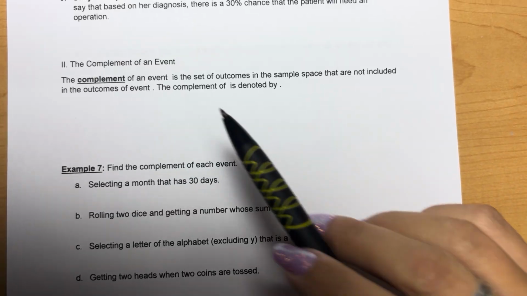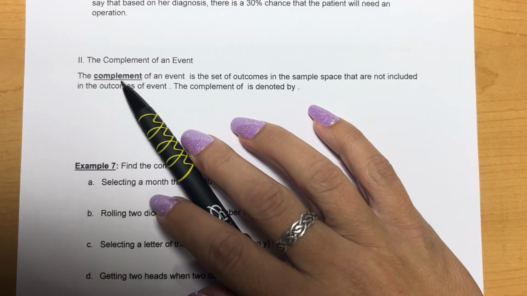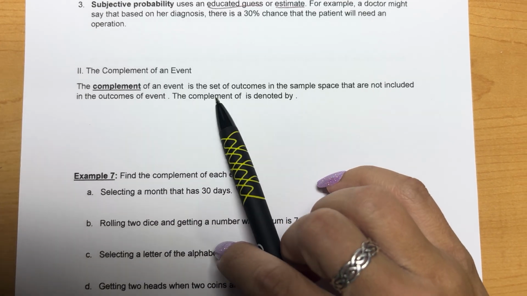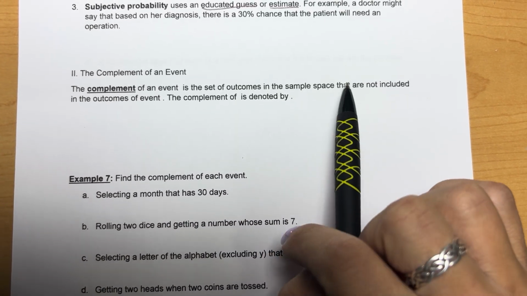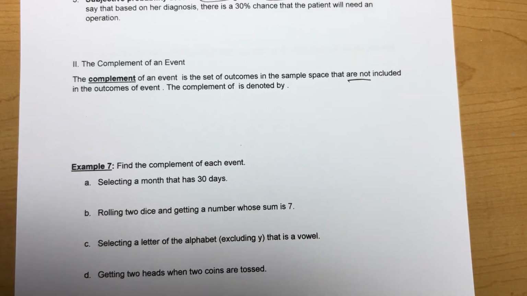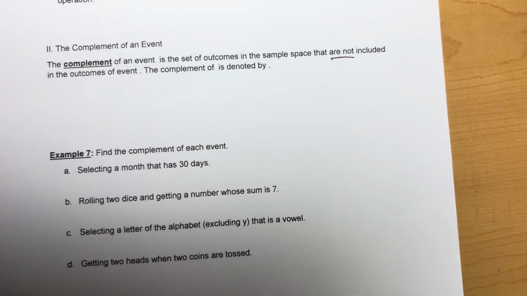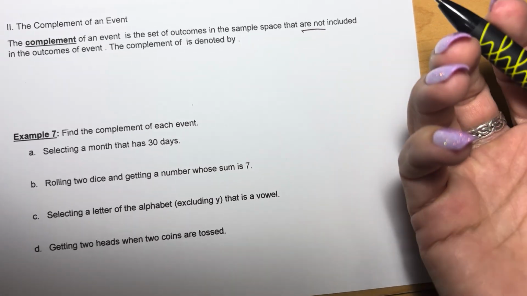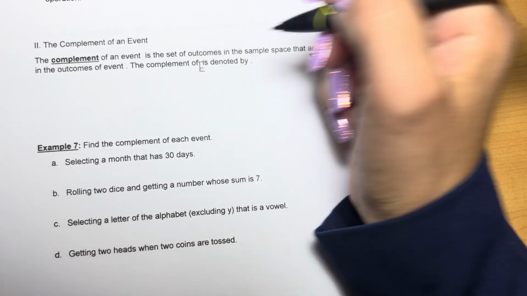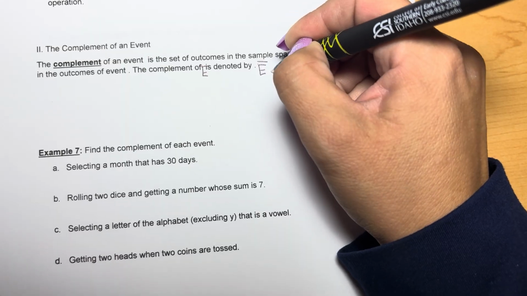All right, let's talk about the complement, okay? This is not like, oh, you look nice today. This is complement, not compliment. Okay, the complement of an event is a set of outcomes in the sample space that are not included. The complement of E is denoted by E bar.